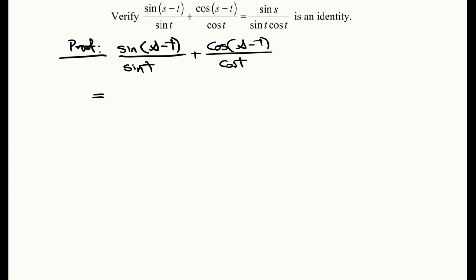Now, of course, here we have two fractions. You know how it goes with identity proofs. We'll go ahead and see if we can make them one fraction by combining them. So the LCD is sine t cosine t. And of course, to make the first denominator like the common denominator, we're going to have to multiply by cosine t.